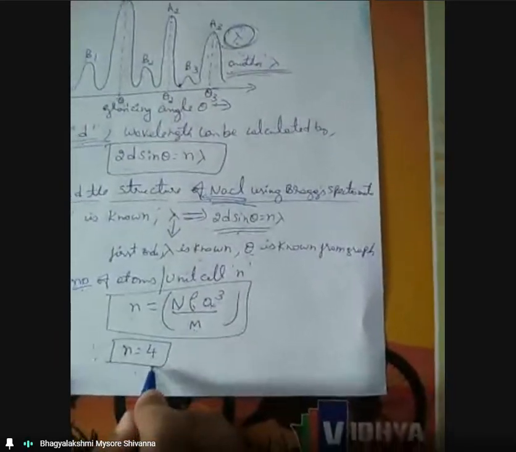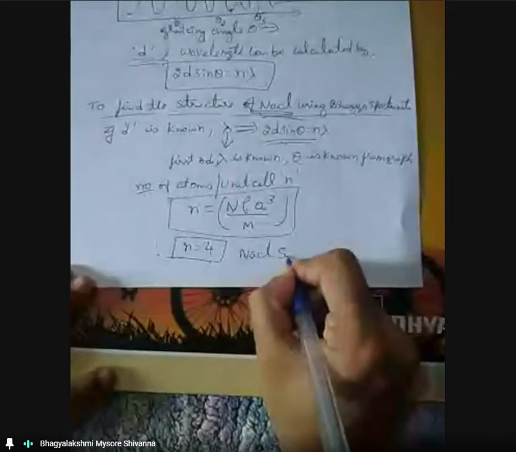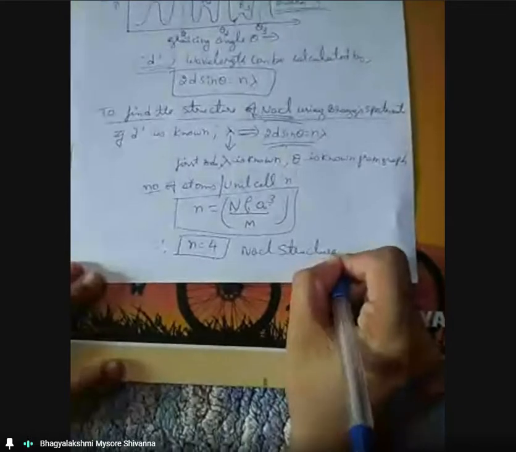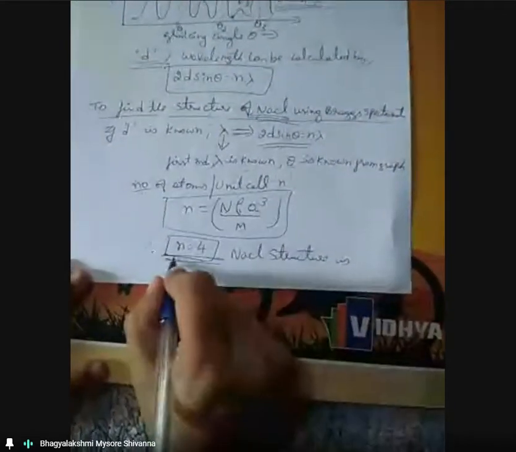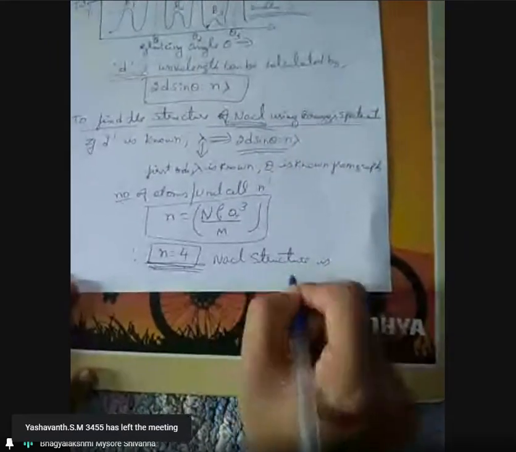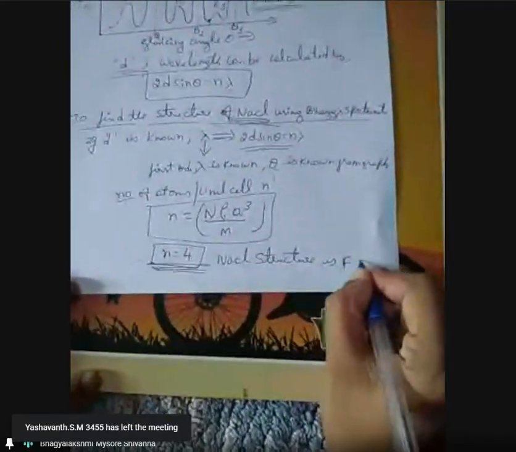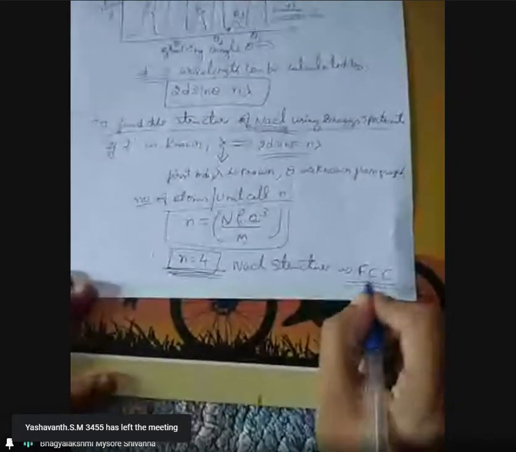Then it shows the NaCl structure: for n equal to 4, the NaCl structure is a face-centered cubic crystal. It is FCC.